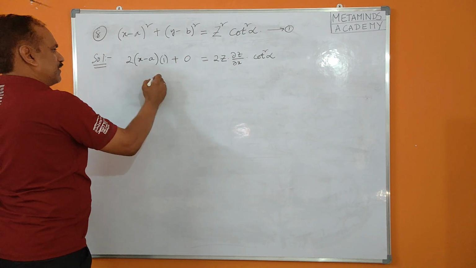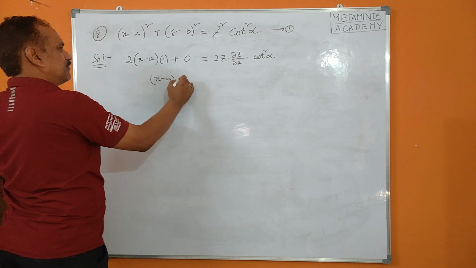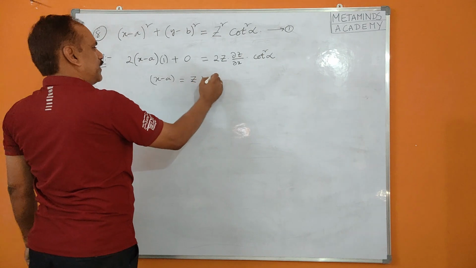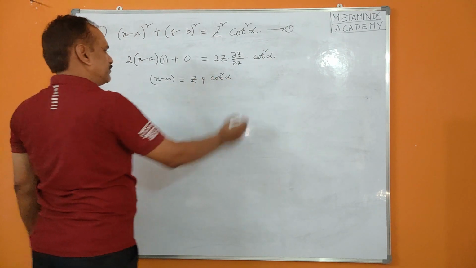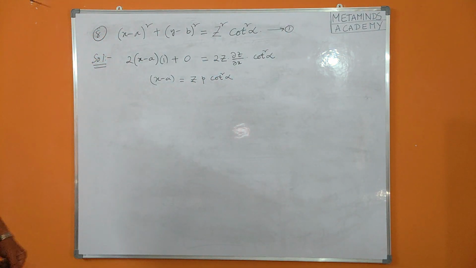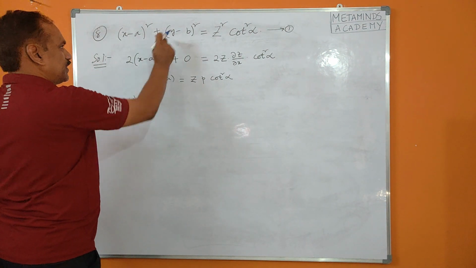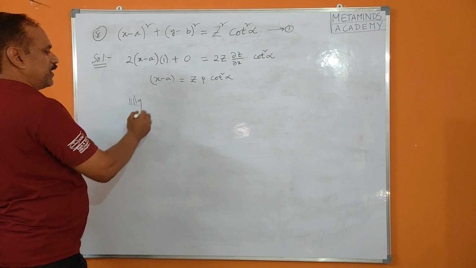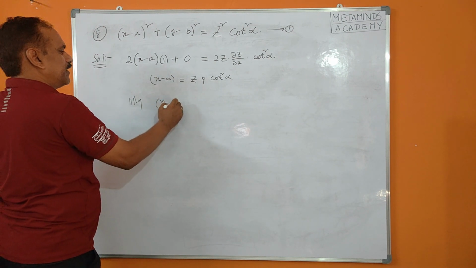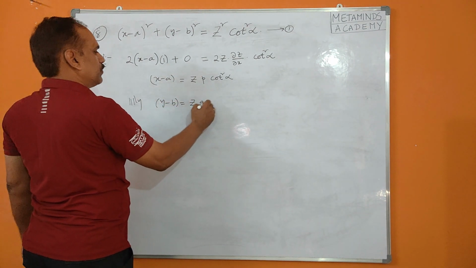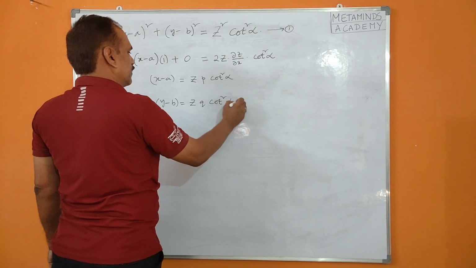So 2 gets cancelled. X minus a is z into p cot square alpha. Similarly, when you differentiate equation 1 with respect to y, you will get y minus b equal to z into q cot square alpha.